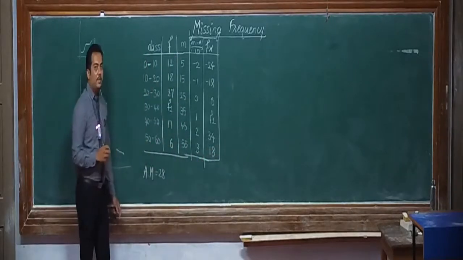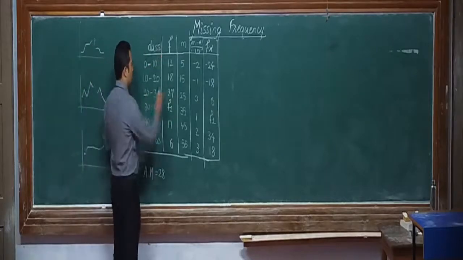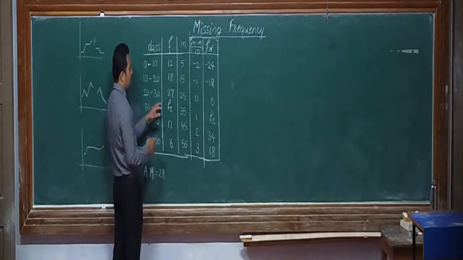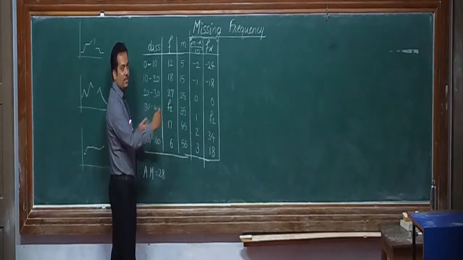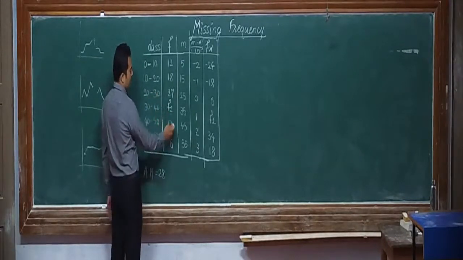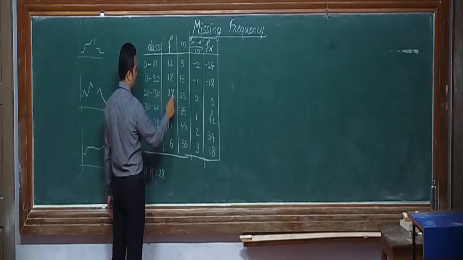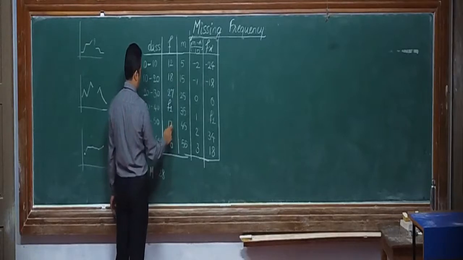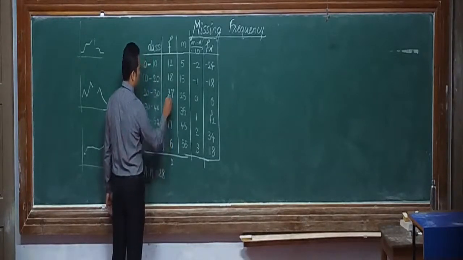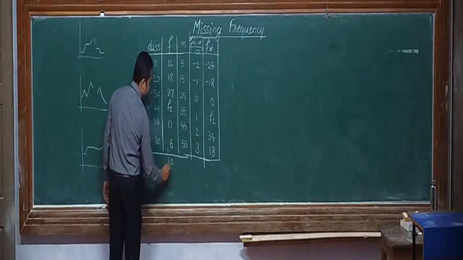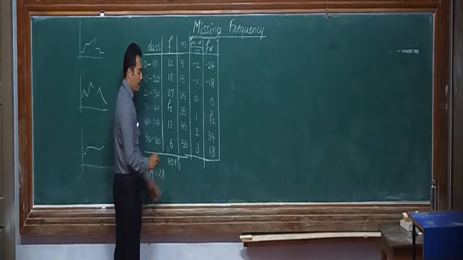Okay, so now let me add all the frequencies and all the fx dash values. If I add all the frequencies, how can I add F1? We need to keep F1 as it is. We'll just write it as F1 plus the sum of all remaining elements. So this gives me 80. So the total summation would be 80 plus F1.